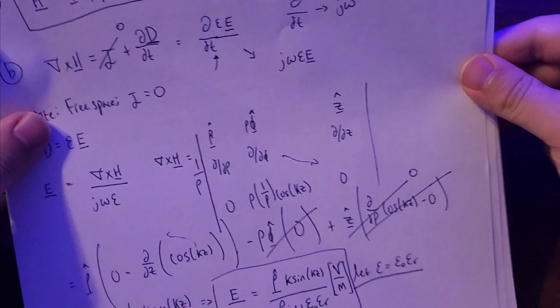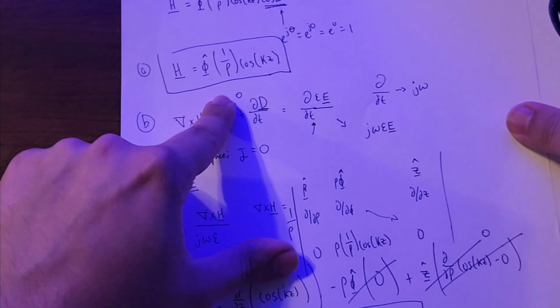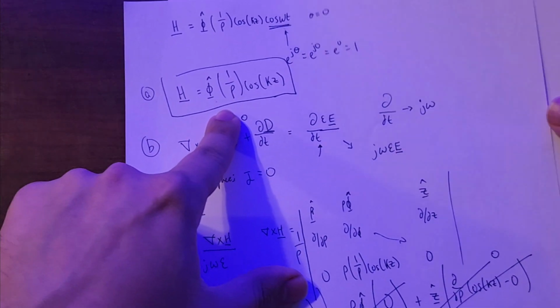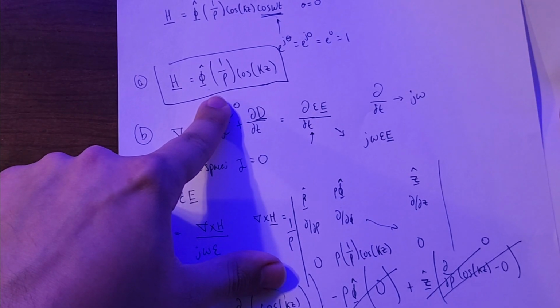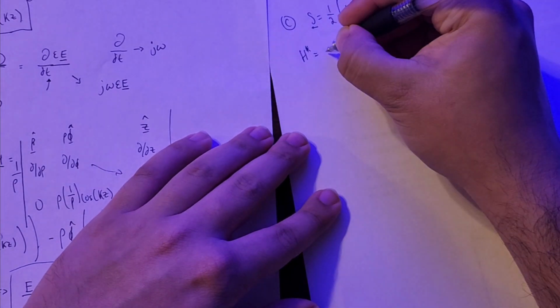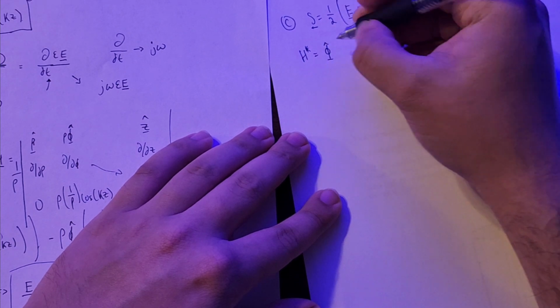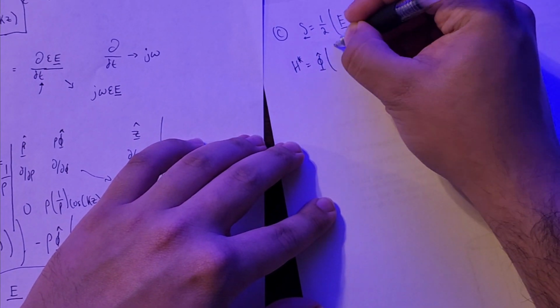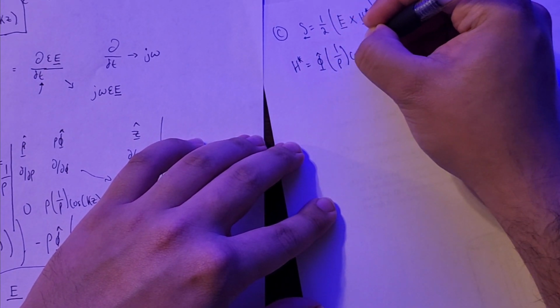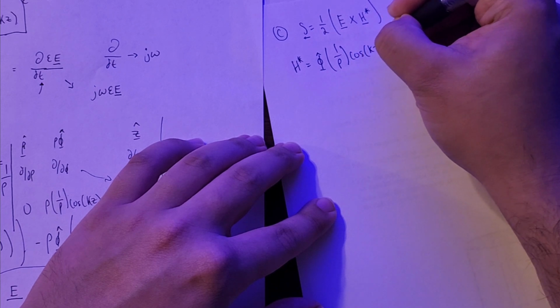So what we must do is change every j to its opposite. In our case, we have no j's in this H. We know H is purely real. So what is the conjugate of H? Conjugate of H is just H. So conjugate of H is then this unit vector, phi hat, 1 over rho cosine of kz.